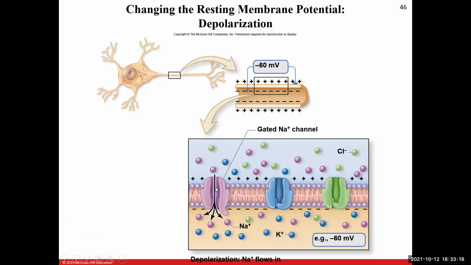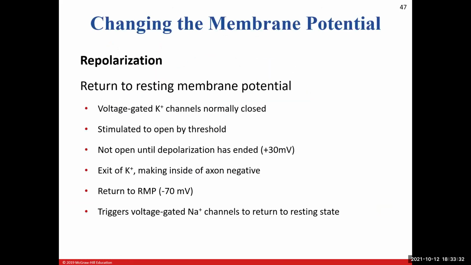And these are our positive things. Sodium comes in, makes the inside of the cell less negative, -60 millivolts. That's how we do it. So we depolarize the cell, we open up those gated sodium channels, and sodium comes into the cell. That's depolarization. So what's repolarization?